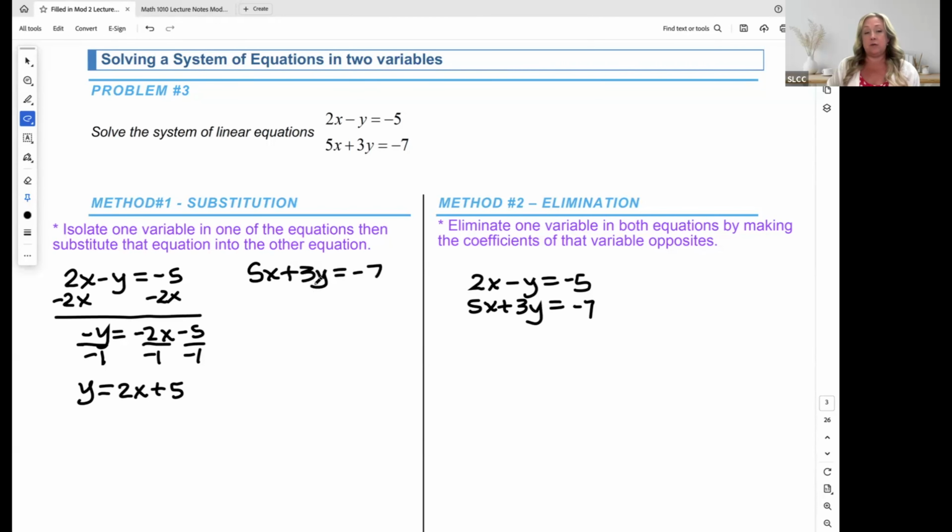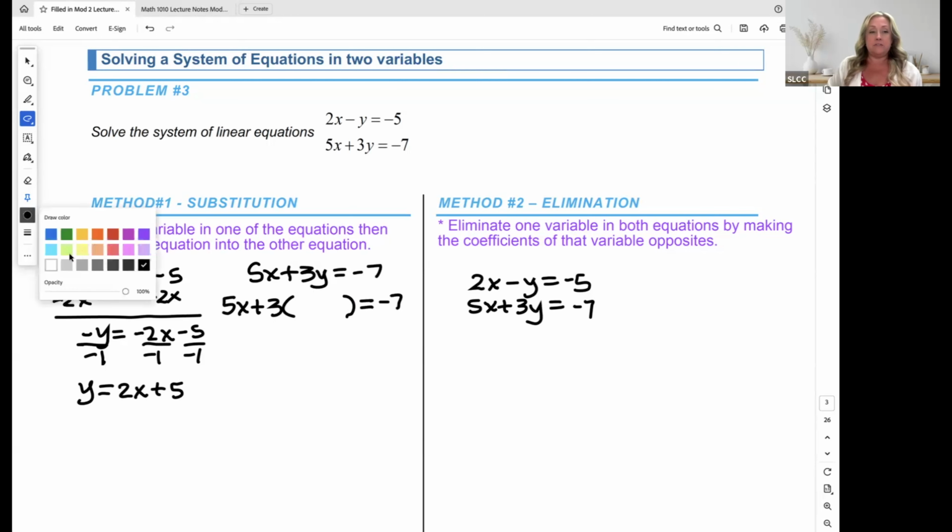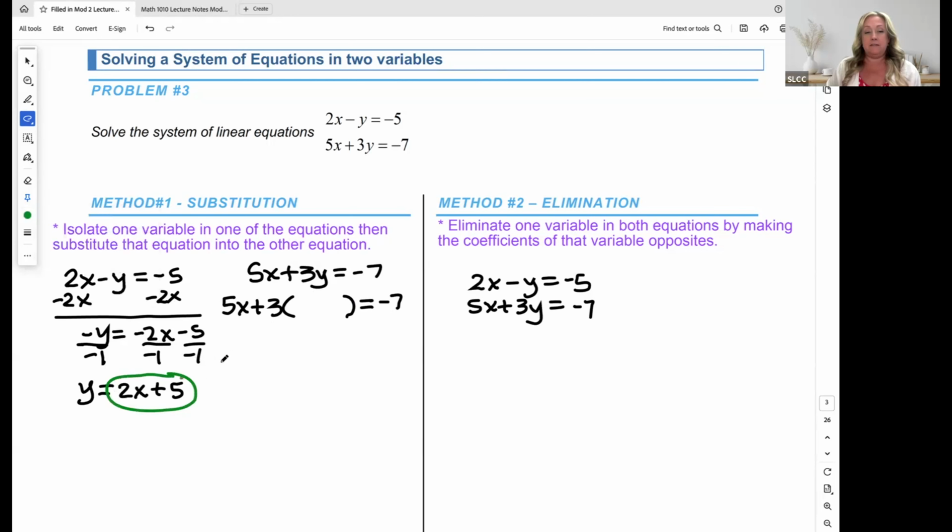I can see this 3y here, so I'm going to put that in place there. Let's go ahead and substitute that in. So this 2x plus 5 is going to go in place of my y.